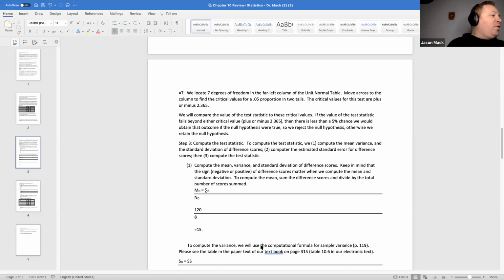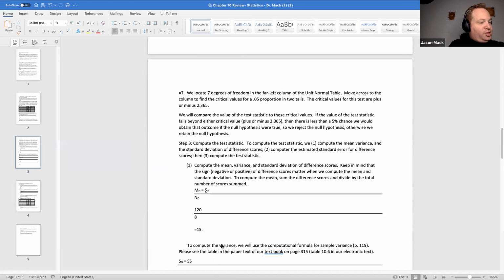And that formula is right here. So to compute the variance, we use the computational formula, which is literally this formula right here.